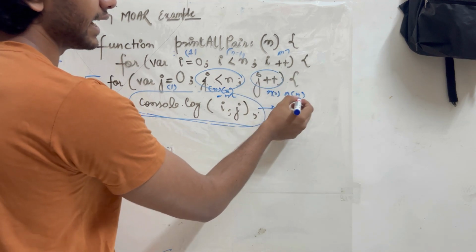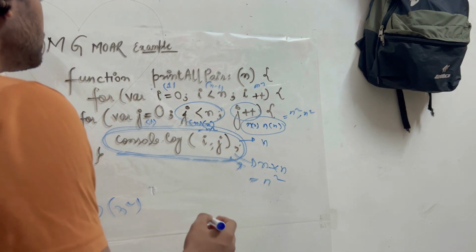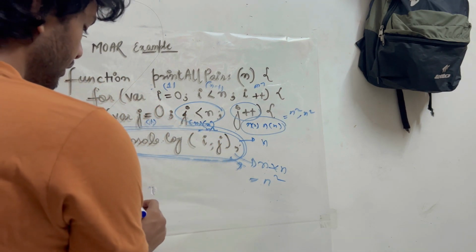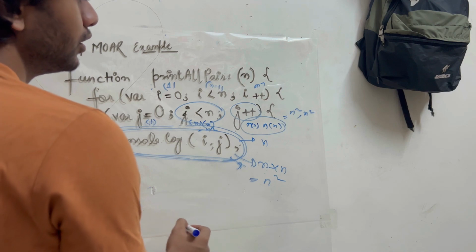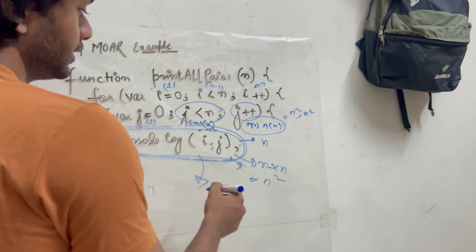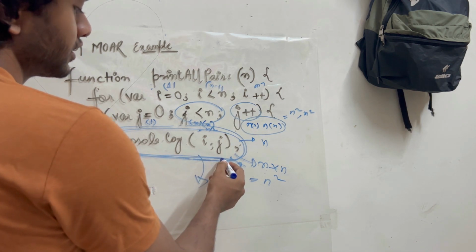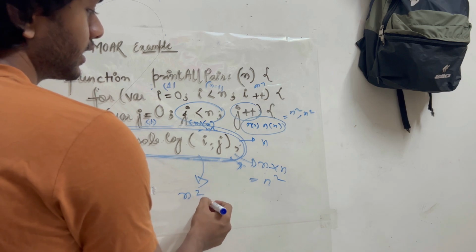Since the overall big O is O of n square, only because the inside nested for loop's inside statement, this console log statement, runs n square times.